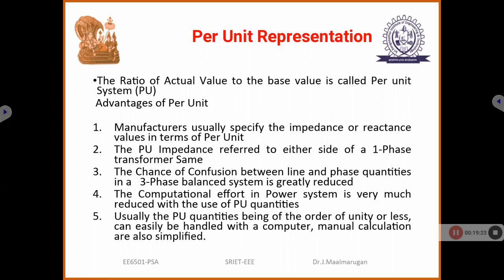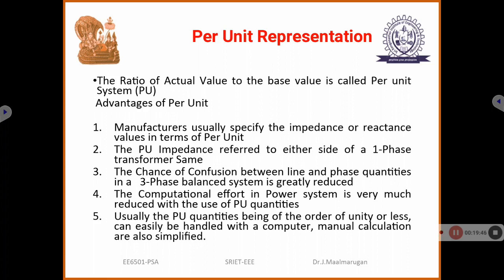The per unit value referred to either side of a single phase transformer is the same. The chance of confusion between line and phase quantities is minimized. The computational effort of our system is very much reduced.